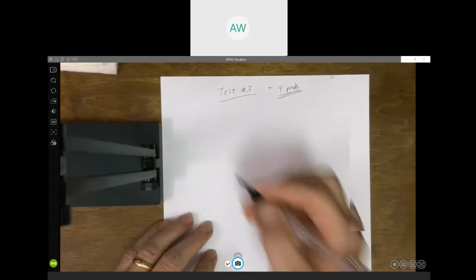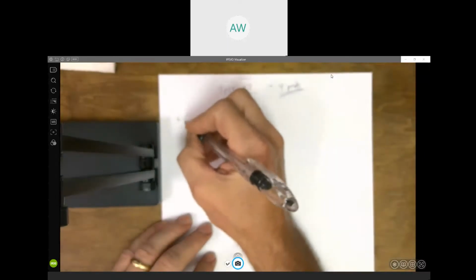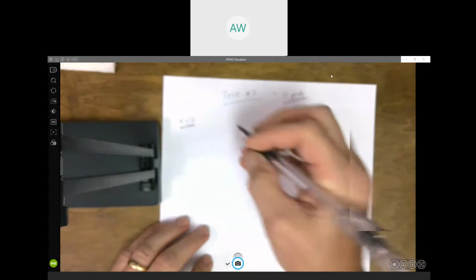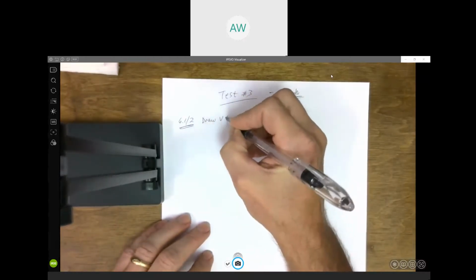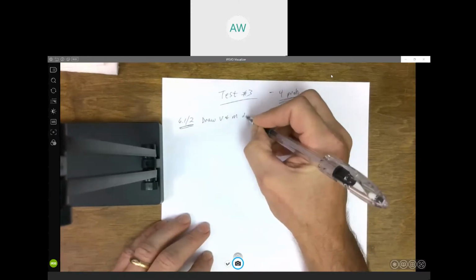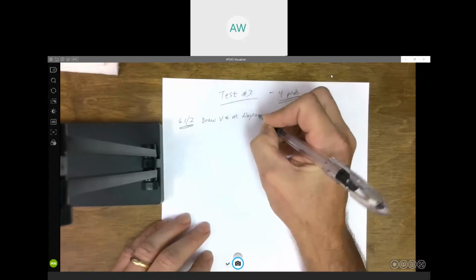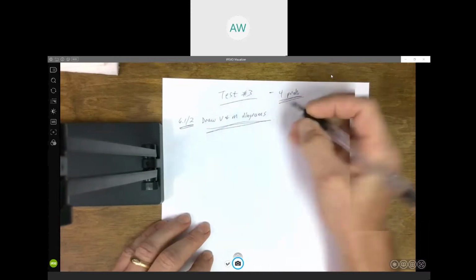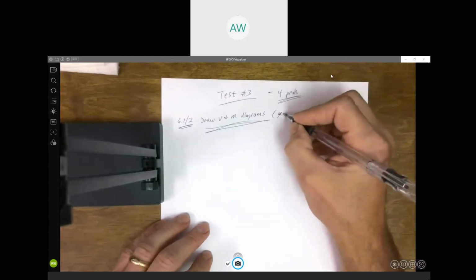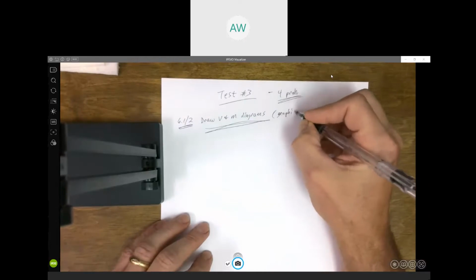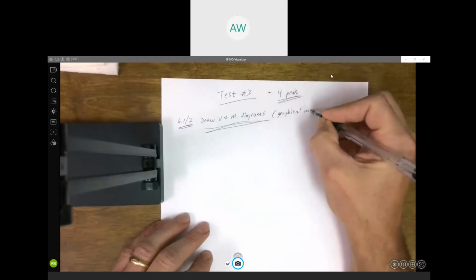We did 2 things in chapter 6. In the first couple of sections, we talked about how to draw shear and moment diagrams. And I want to remind you, emphasize here, I want you to use that graphical method.